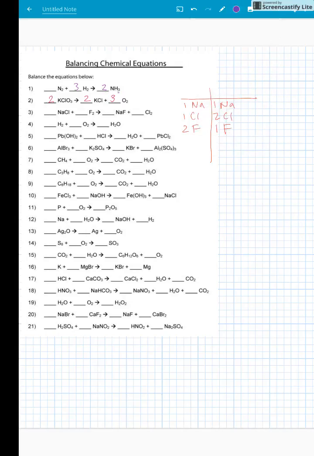Okay. So let's see. If we multiply this one by 2, that means this one will be multiplied by 2 as well. So let's see what that does. If we put a 2 here, that's 2 Na and 2 F, which then means we have to multiply this one by 2, which will give us 2 of these.